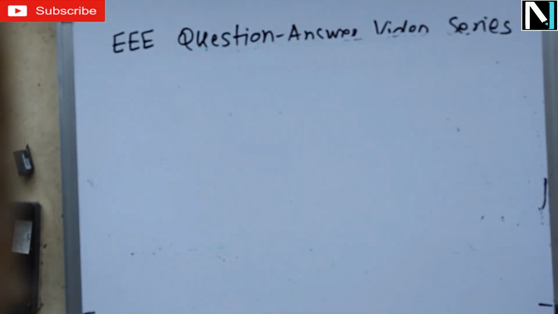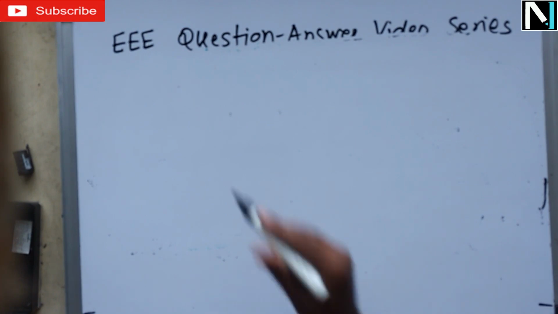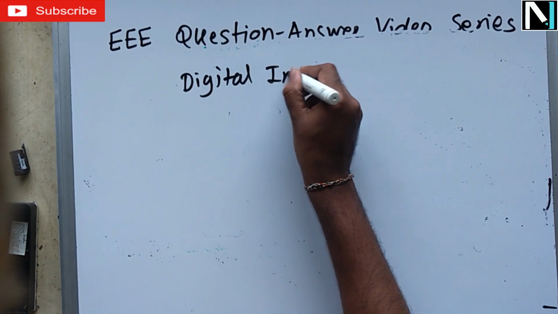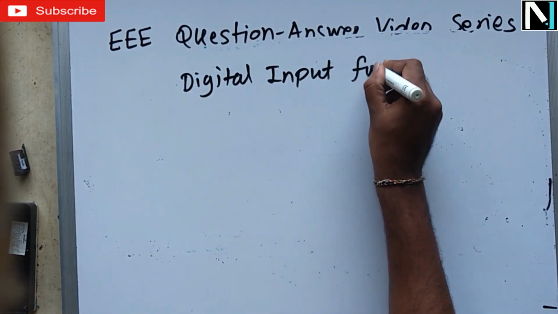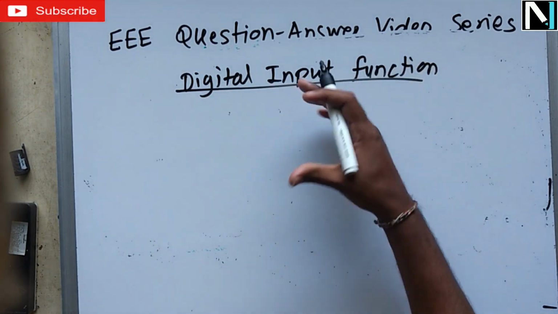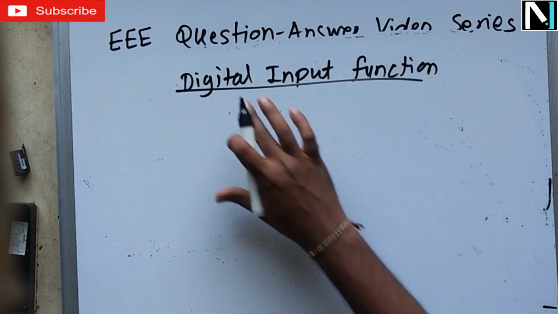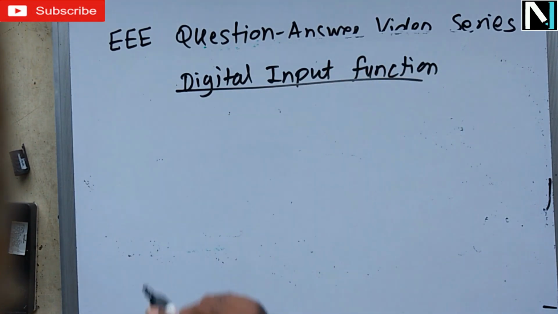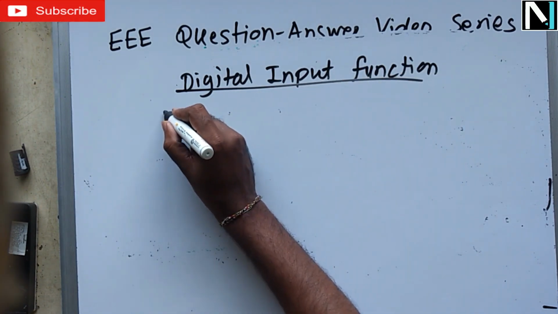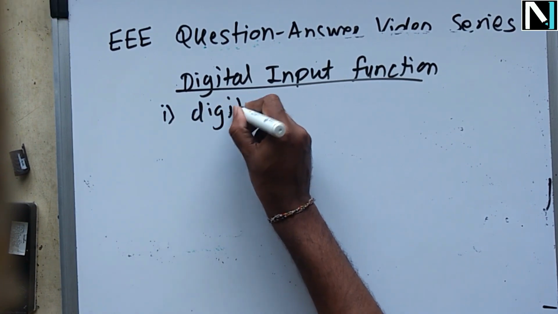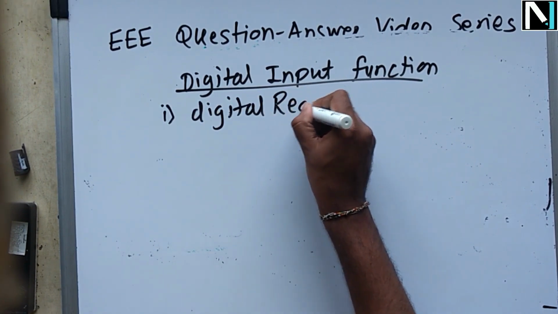Now which function is used for digital input? We have studied digital output functions, pinMode and digitalWrite. Now this is the digital input function, and it is digitalRead. So only one type, I will write it in this fashion, digitalRead.